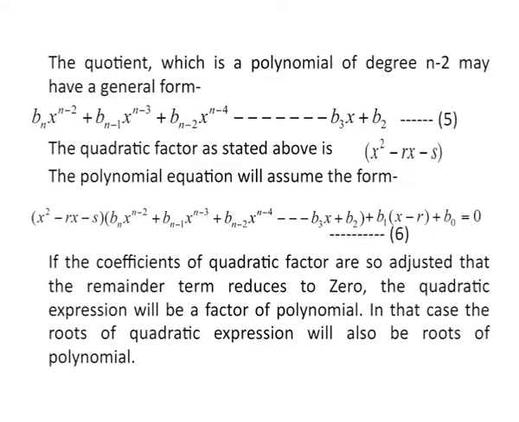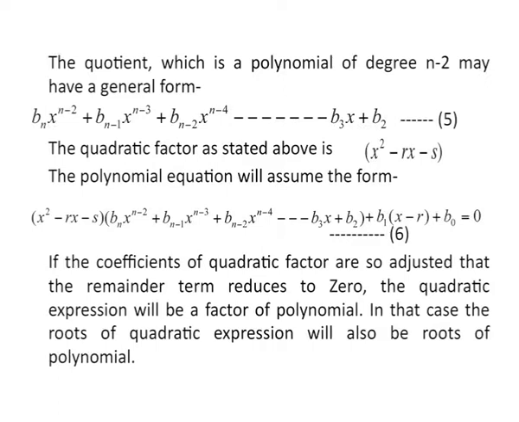Since we do not know the quadratic factor at this point, we take some trial quadratic factor. That means this quadratic factor will not divide the polynomial exactly, but there will be a remainder term also. So, the polynomial with a trial quadratic factor x square minus r x minus s has the quotient given by equation 5 and a remainder term given in equation 6.